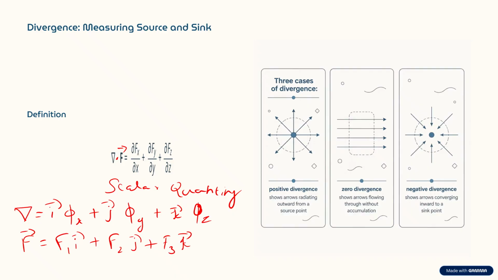So the dot product will give you dou f1 with respect to x plus dou f2 with respect to y plus dou f3 with respect to z.